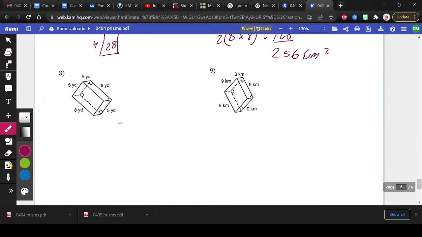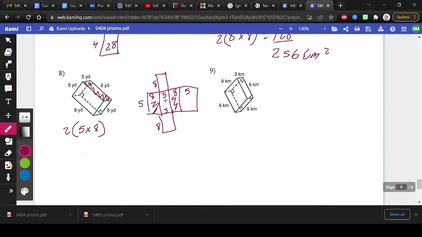This guy, 1, 2, 3. So then this right here, this right here. I'm going to call this piece here the top. So that's 5 by 8. And then we have a height of 5. So 5 by 8 by 5 by 8 by 5. And then this is 5 by 8 down here. And this is 5 by 8 up here. So looking at this, we're going to do 2 5 by 8s.